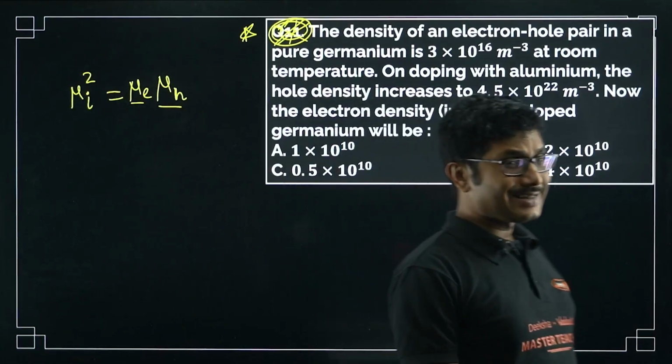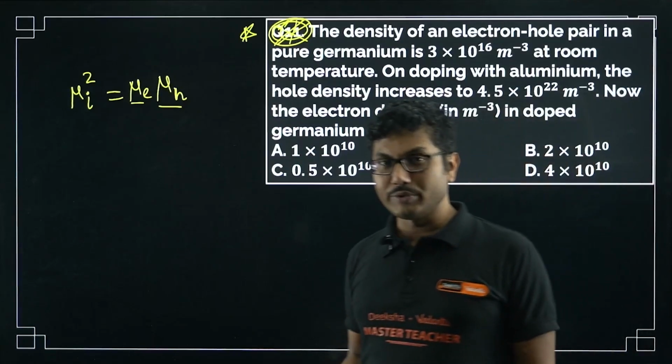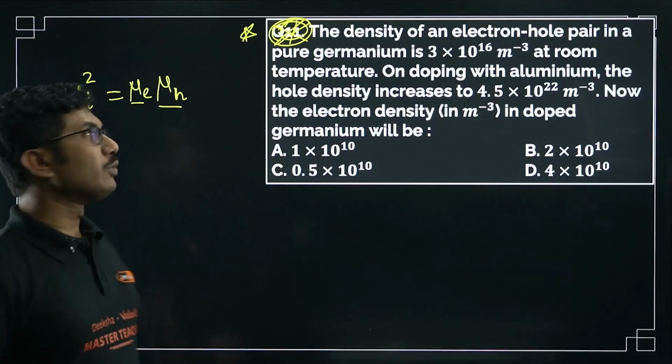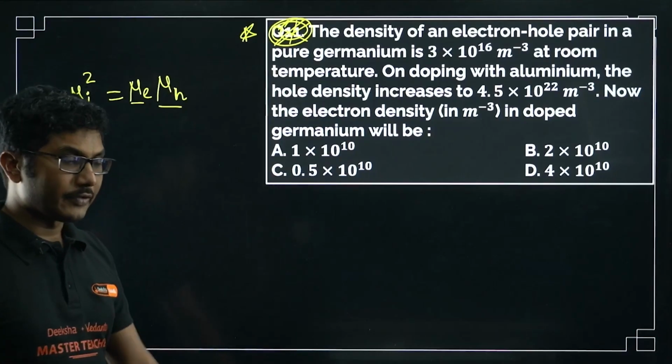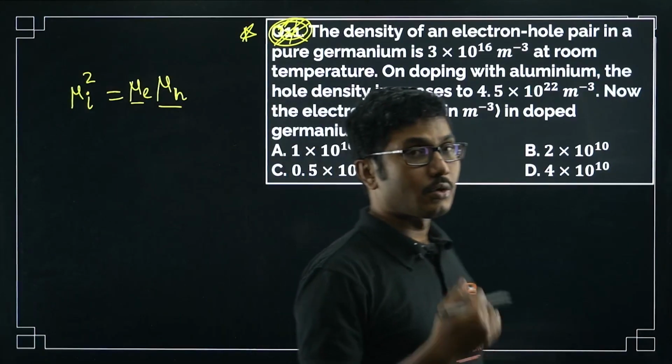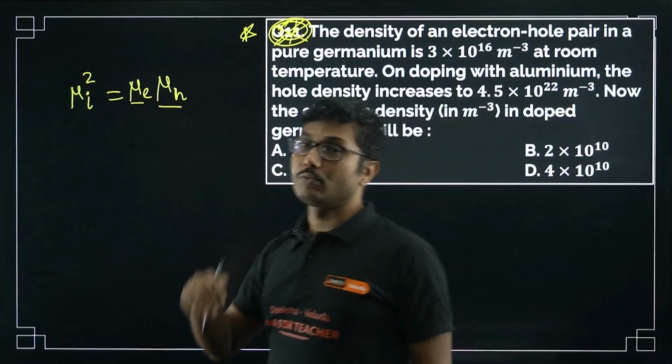In an intrinsic semiconductor, n_e is equal to n_h and that is equal to n_i. So this formula holds perfectly true. In fact, in case of any other doped material also, the same formula holds true.